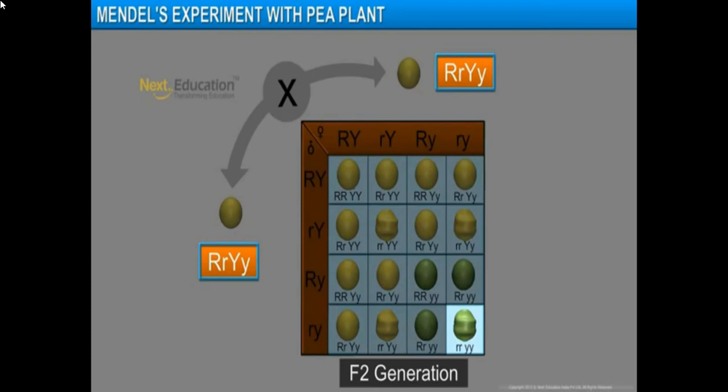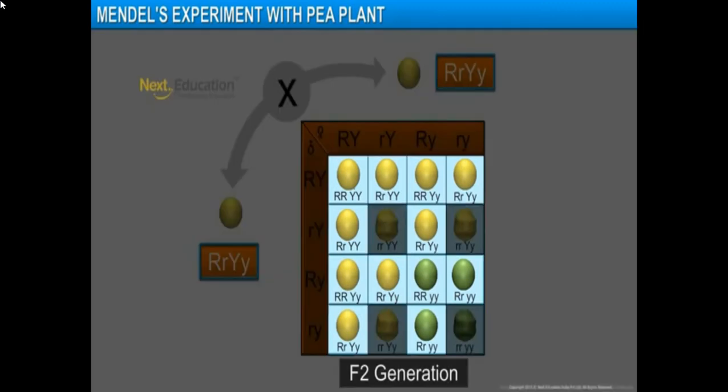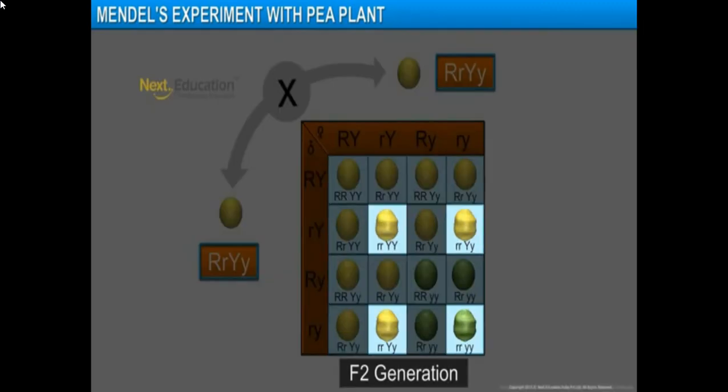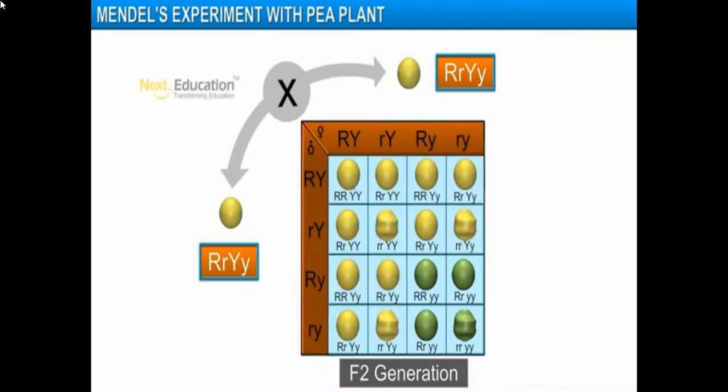However, some plants of the F2 progeny even showed new combinations like round green and wrinkled yellow seeds. Therefore, it can be safely concluded that the round or wrinkled trait and the yellow or green colored traits are independently inherited, and they are known as recombinants.